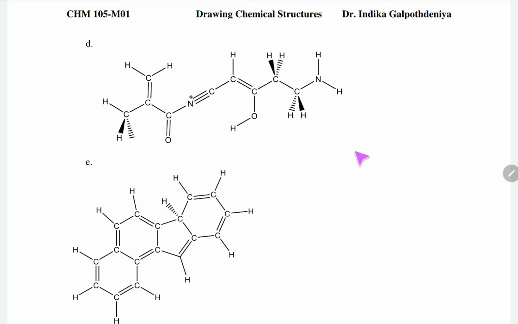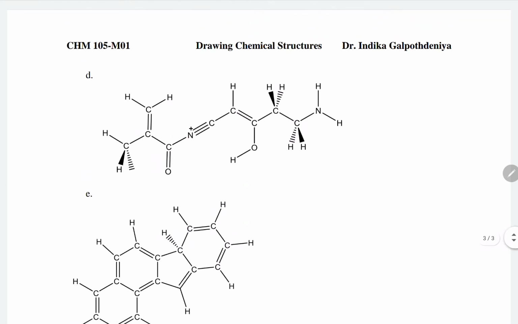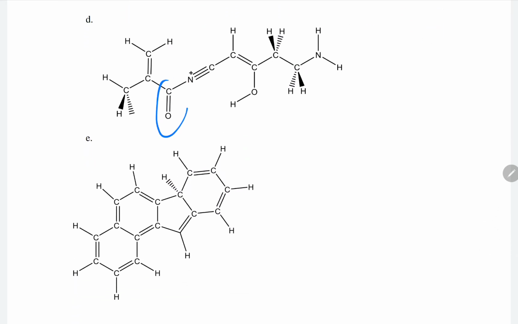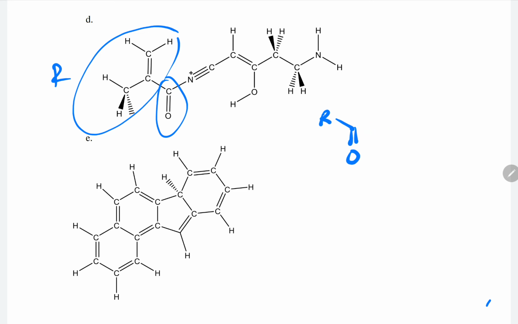So let's start from this carbon right here. In the skeletal structure, you will have a carbon with a double bond to an oxygen, so don't forget to write that O. And then this part right here is the R. That carbon also goes into a nitrogen.